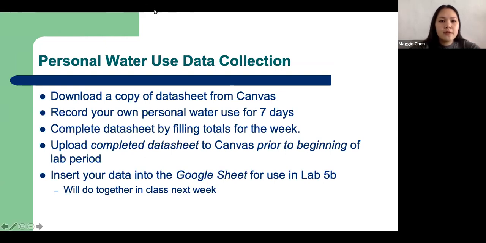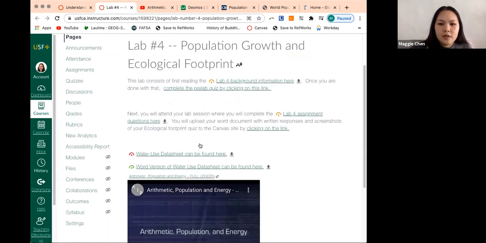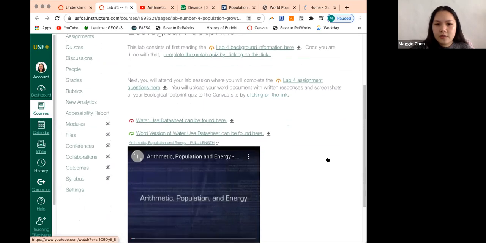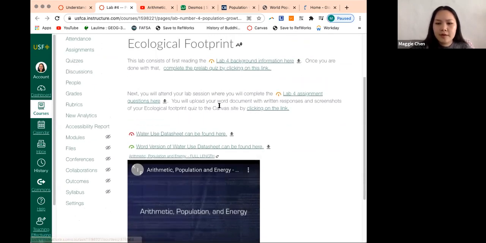You can find that if you go into lab 4. Under the first couple of links on the lab 4 page in Canvas, there is the intro background information where you can take the pre-lab quiz, and then there's the water use data sheet, which you can click on to download.